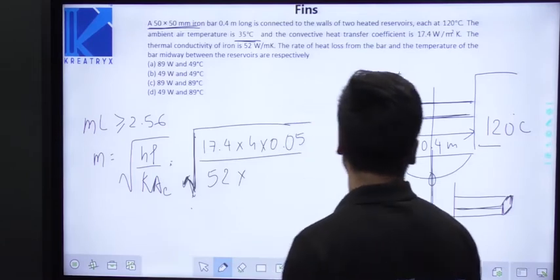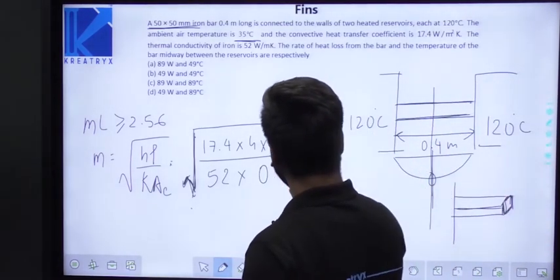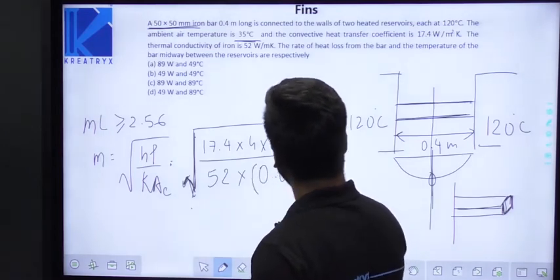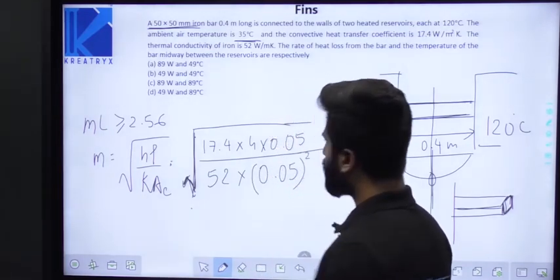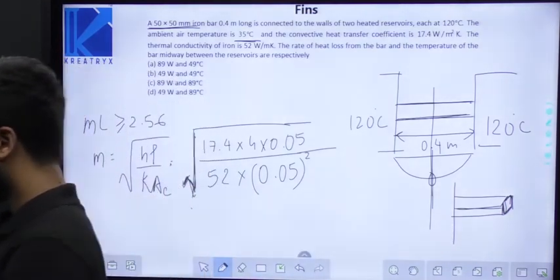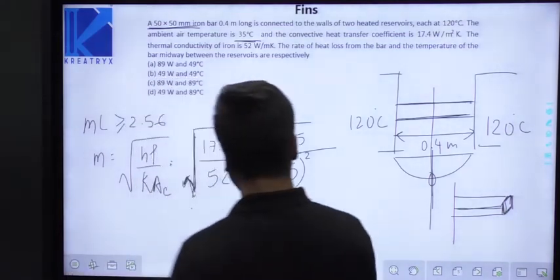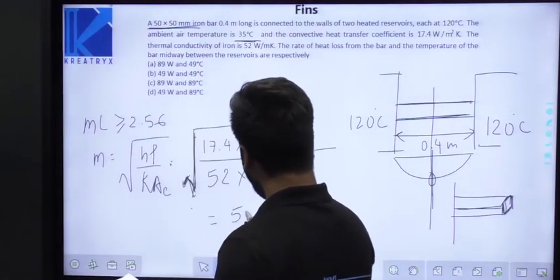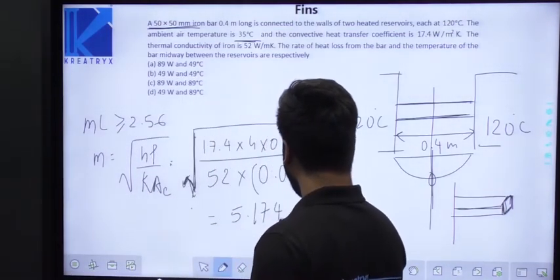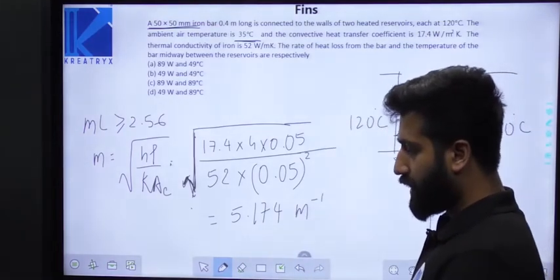Cross section area, side square, that is 0.05 square. So this M will be equal to 5.174 meter inverse.